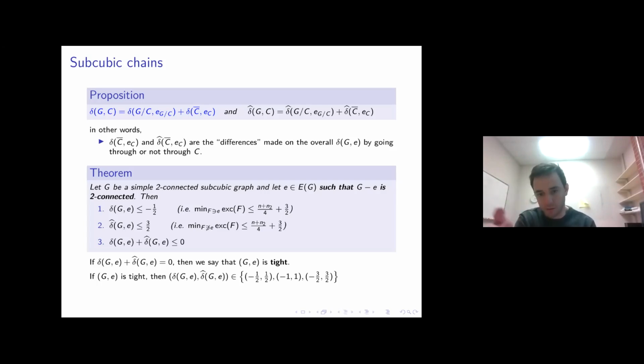They're tight and they come in increments of 1/2, and the delta and delta hats are always in increments of 1/2 because the graph's cubic. That can be argued. So what our proof will do in addition is characterize when these deltas are tight, and we can use that to understand the structure better, to know what we should do in different situations. And characterize all tight pairs.